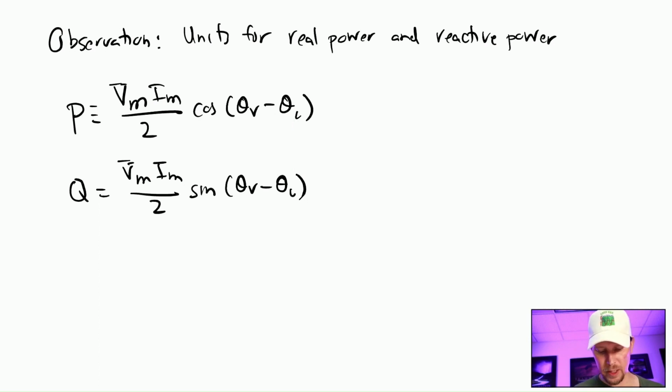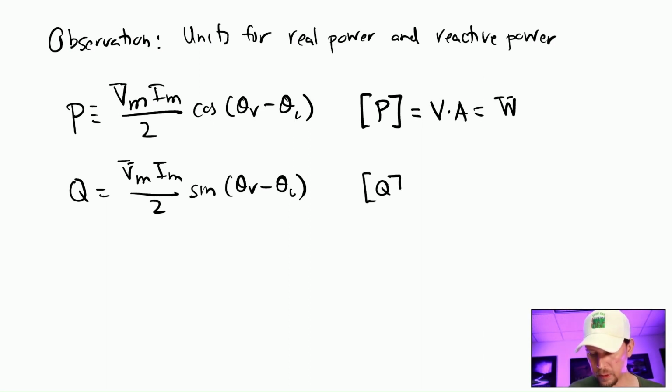Right? So here, the unit for P is a volt times amp, which is a watt. And even though the units themselves for Q are also a volt times amp, we do not actually call it a watt.